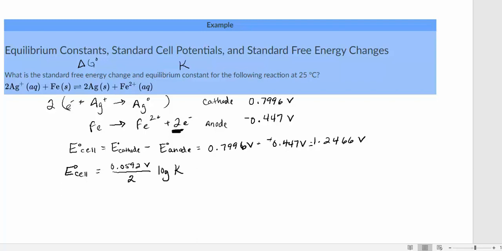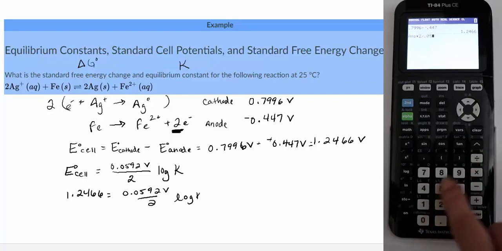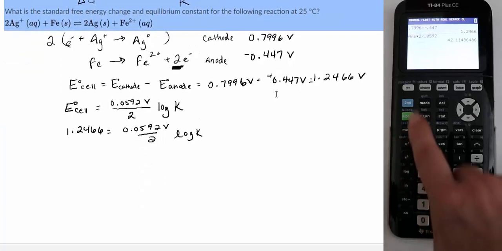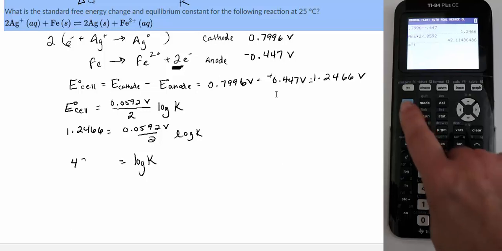Now going to the calculator, I can fill in these numbers and get the log of k alone, and then I take the inverse log.